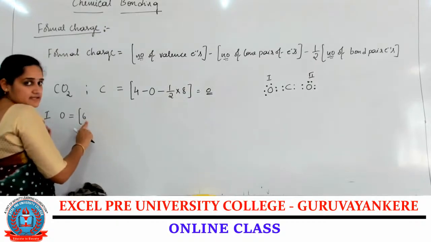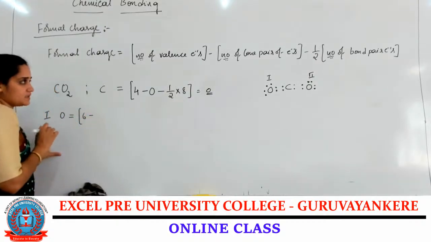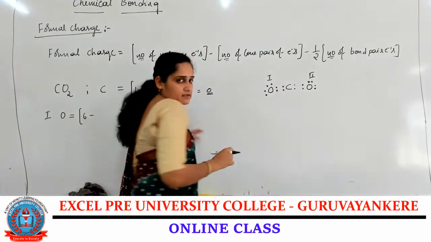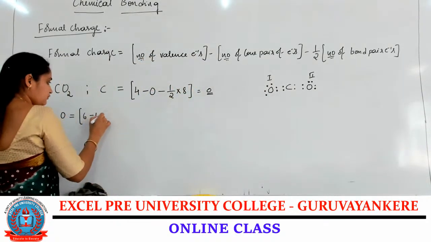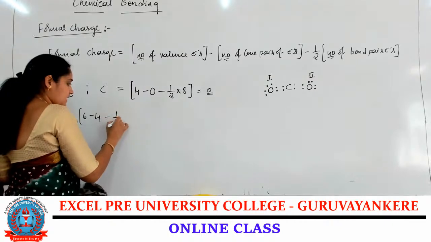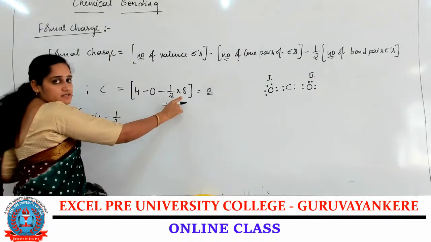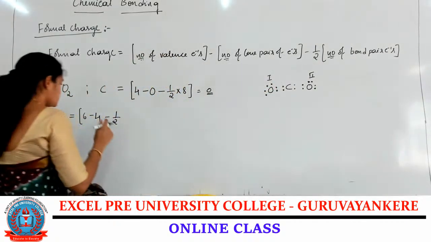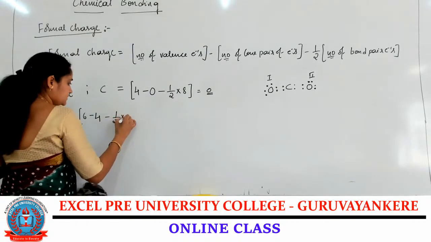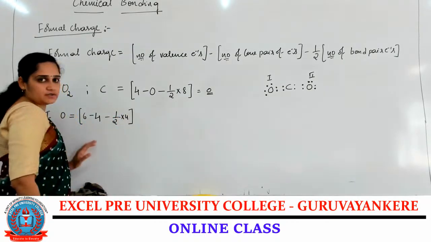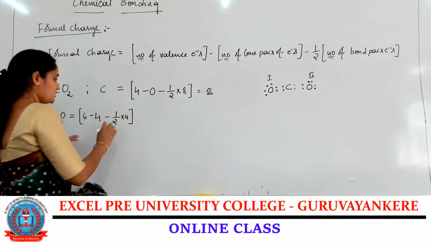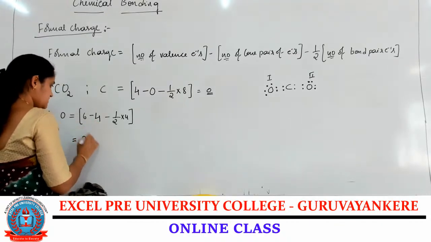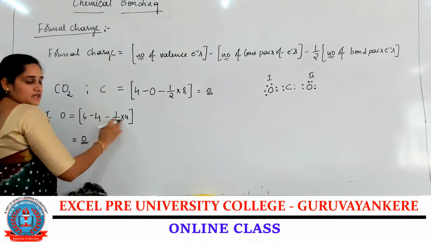So 6, minus the number of lone pair electrons on the oxygen atom, 2 pairs, which is 4, minus half into the number of bonded pair electrons. How many bond pairs? 2 pairs of electrons, which is 4 electrons. So it becomes 6 minus 4 minus 2, which is 0.